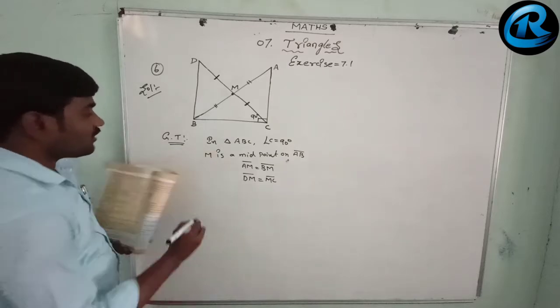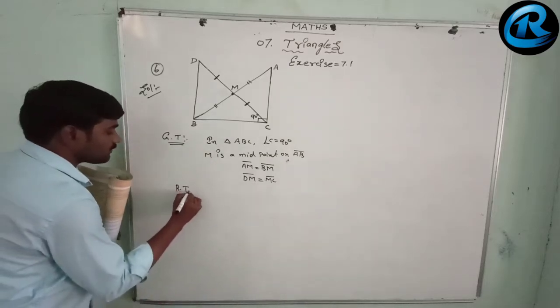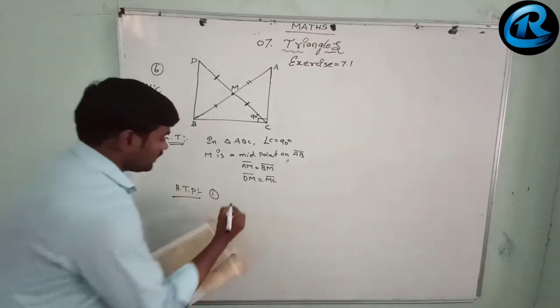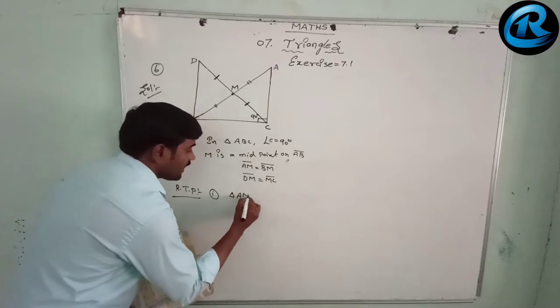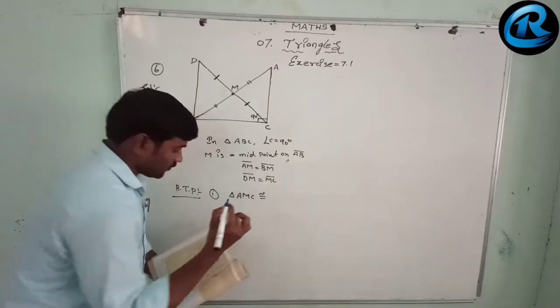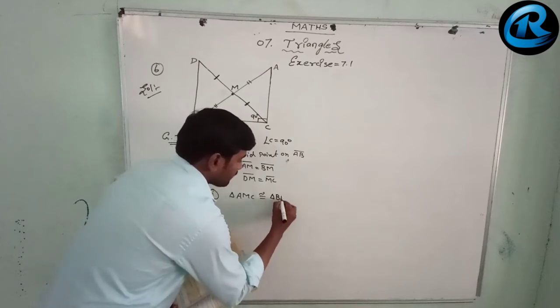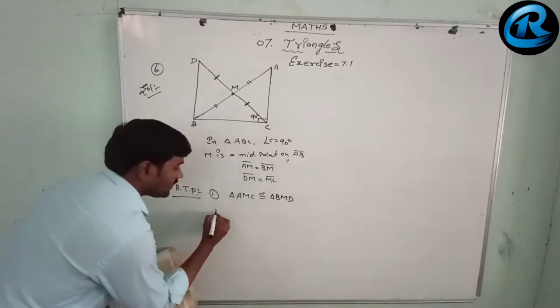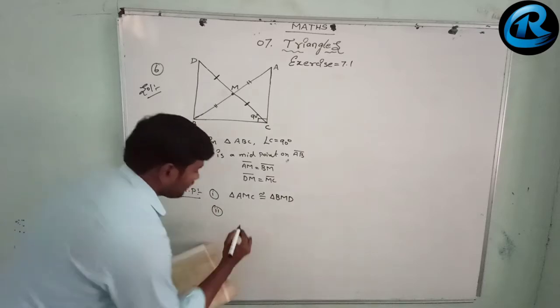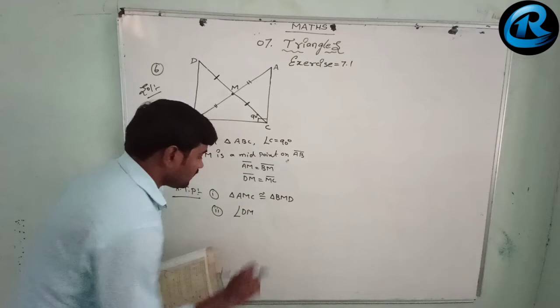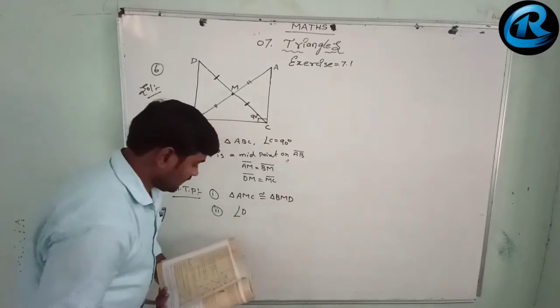Now we have to prove it. See RTP. Proof number 1: we have to prove that triangle AMC is congruent to triangle BMD. Second, angle DBC is a right angle.